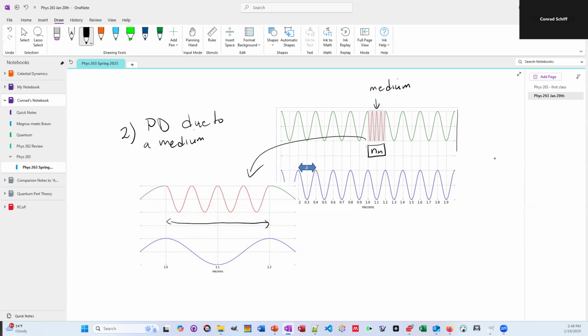But if we put the screen back out here, we'll see that again we get a peak coinciding with a peak. So for green, we have 1, 2, 3, 4, 5, 6, 7, 8, 9 inside the medium, 10, 11, 12, 13, and 14. So N green here is equal to 14. And blue is 1, 2, 3, 4, 5, 6, 7, 8, 9, 10, and 11.